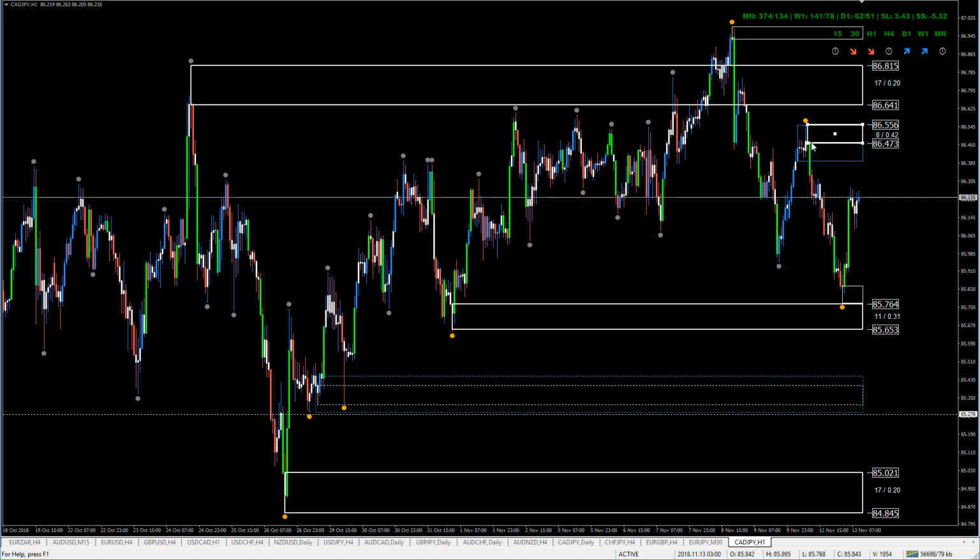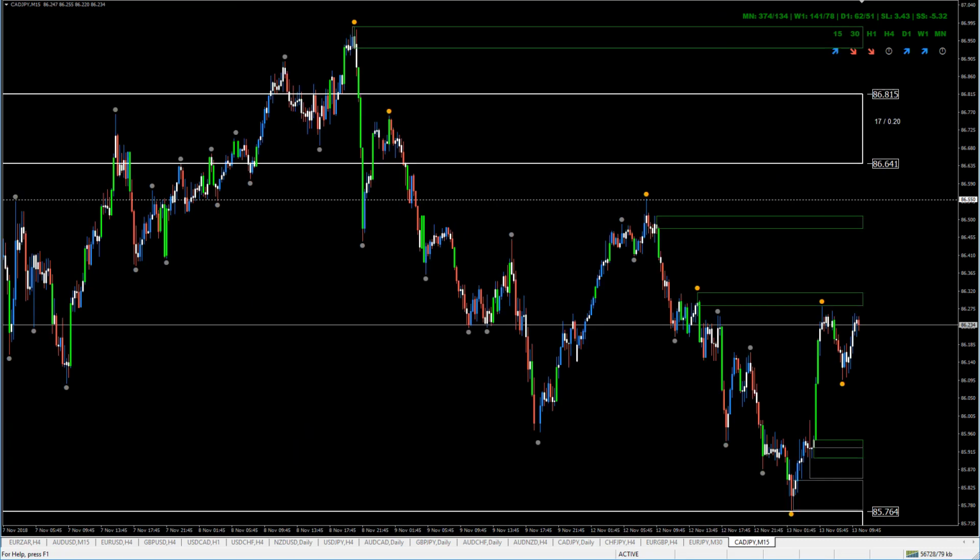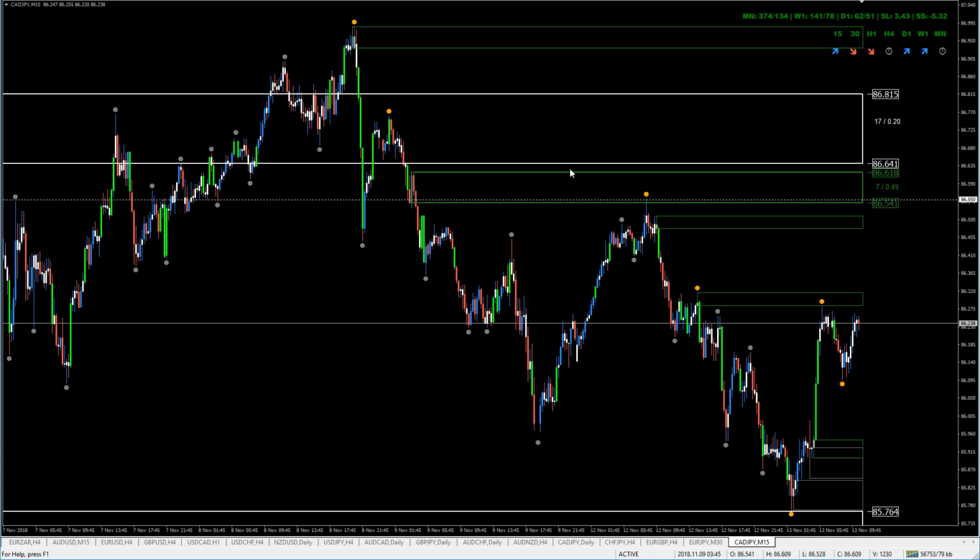That said, always mark off the high of your area and go to the smaller time frames like a 50-minute or a 5-minute and have a look and see if there is anything that it's reacting on. And lo and behold, we have it right here. You see this? So this is the parent and this is the child.